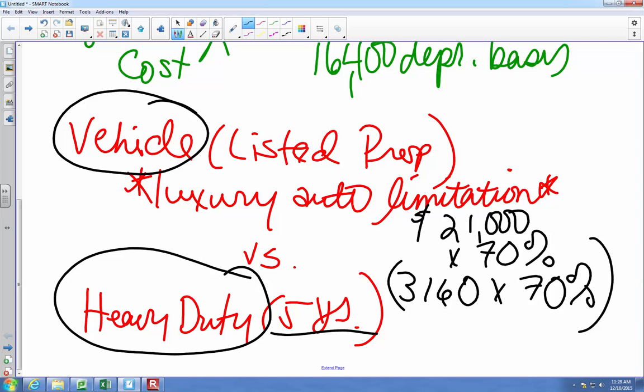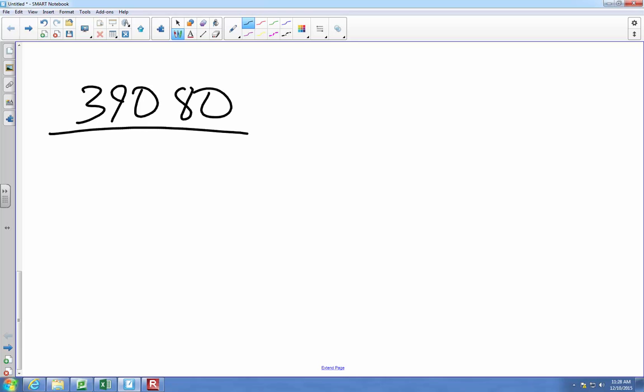Calculate the amount using the straight line depreciation. So which tables am I going to? Oh, no, I'm sorry. I don't even need tables. What do I do? So what's the cost of it again? And how many years am I taking it over? 5 years, 12 months a year, so I'm taking it over 60 months.